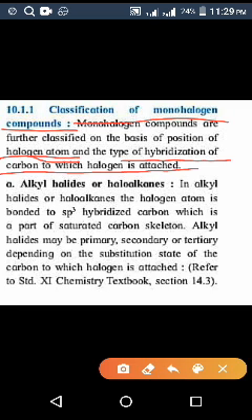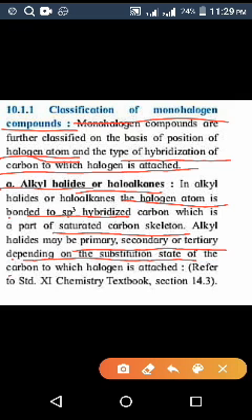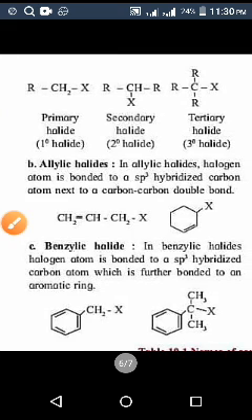The first classification of monohalogen compounds is alkyl halide. It is also known as haloalkane. What is meant by alkyl halide? In alkyl halide or haloalkane, the halogen atom is bonded to an sp3 hybridized carbon atom, which is part of a saturated carbon skeleton. Alkyl halide may be primary, secondary or tertiary depending upon the substitution state of the carbon to which the halogen is bonded. See the examples.